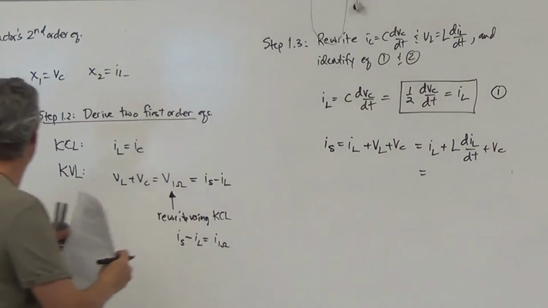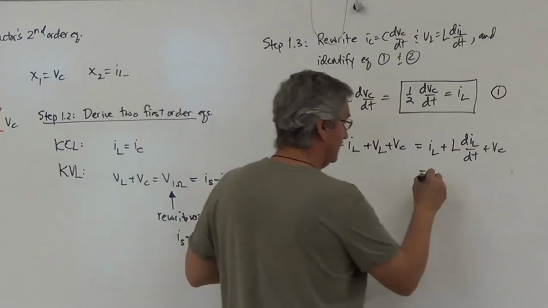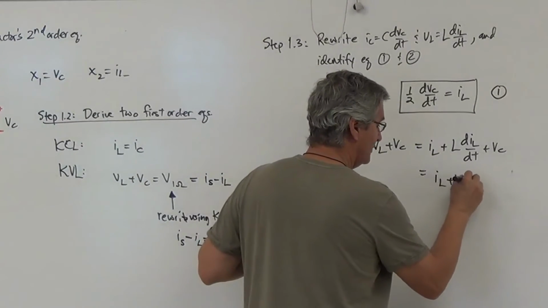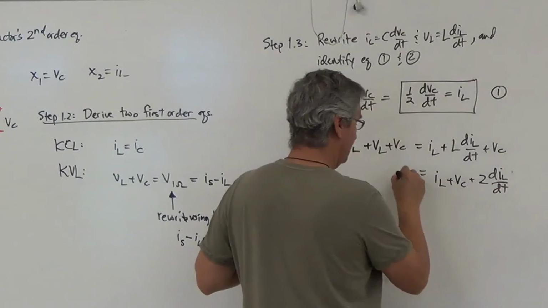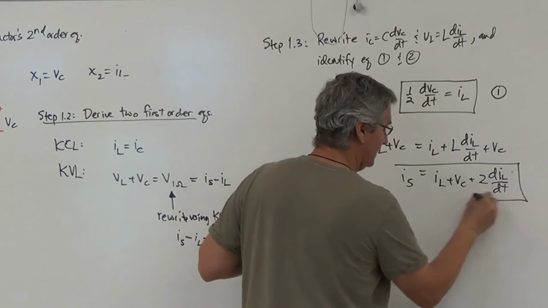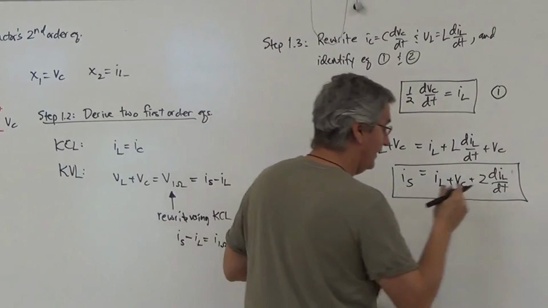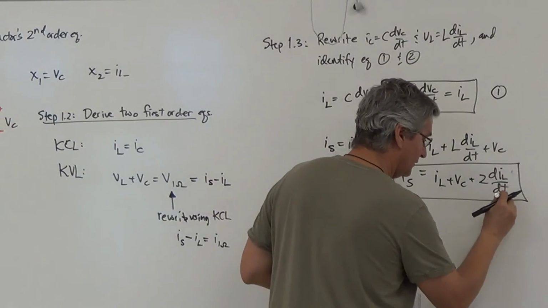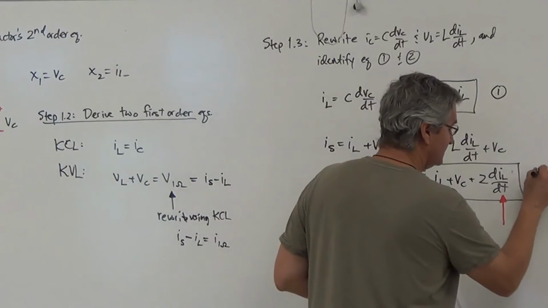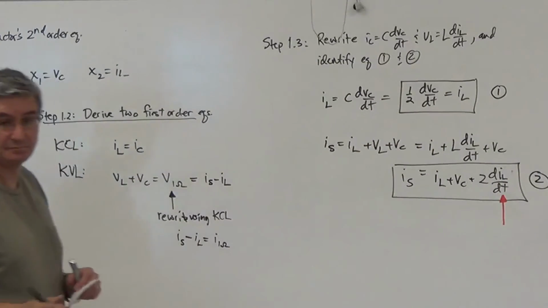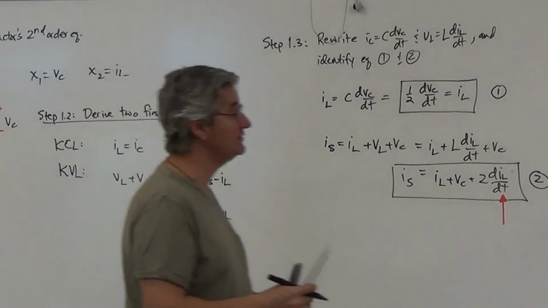But L is 2. So then I'm going to write the equation IS equals IL plus VC plus 2 di/dt, and here's my second equation, and you can see that this is really the term we're looking for. This term right here. That's the term that we're looking for, and so this is now equation 2.